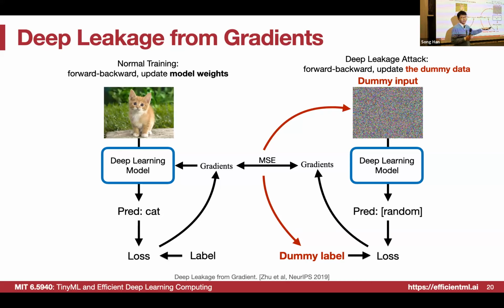Then we can back propagate this loss all the way to the dummy label and the dummy input. At each iteration, we update the dummy input together with the dummy label so that the gradient produced here will be closer and closer to the gradient produced by the original image and the correct label.